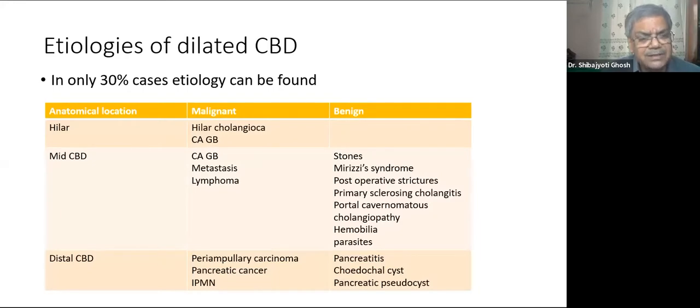So here is the short list of causes of dilatation of the common bile duct. If the anatomical location is hilar or the upper third, the causes are hilar cholangiocarcinoma and carcinoma gallbladder. In this part of the country, carcinoma gallbladder is supposed to be the most common cause of malignant biliary obstruction at the portal level or mid-CBD level.